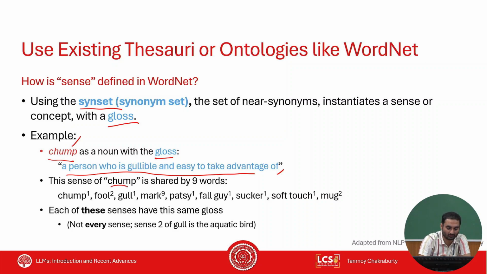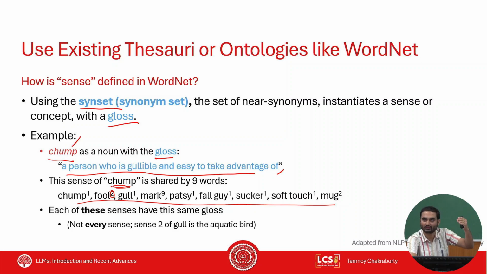Now, if you look at WordNet, it will say that chump has these many senses. One sense of chump is the same as the second sense of fool. Now remember, fool is also an entry in WordNet. The word fool also has multiple senses: sense 1, sense 2, sense 3, sense 4, and every sense has a gloss.